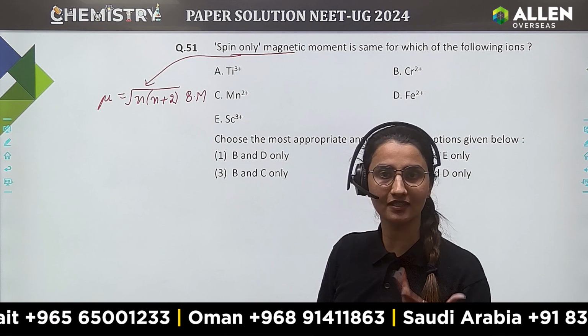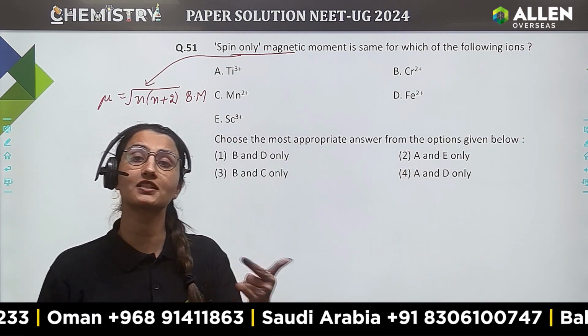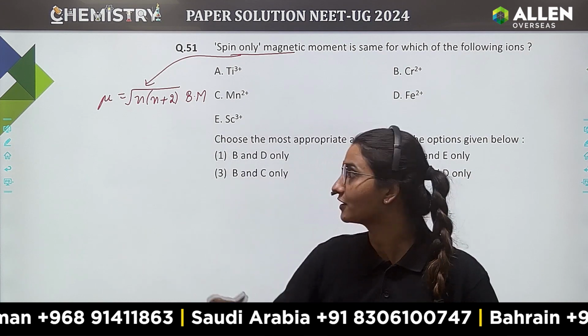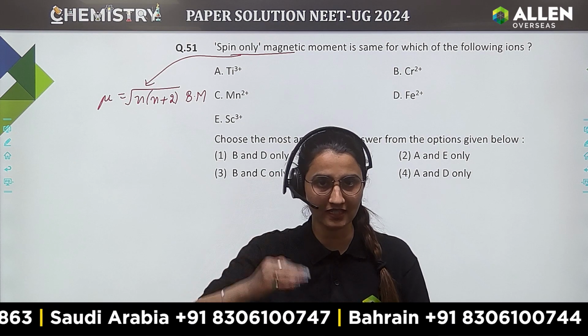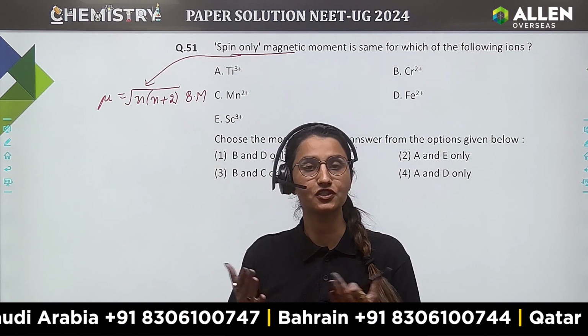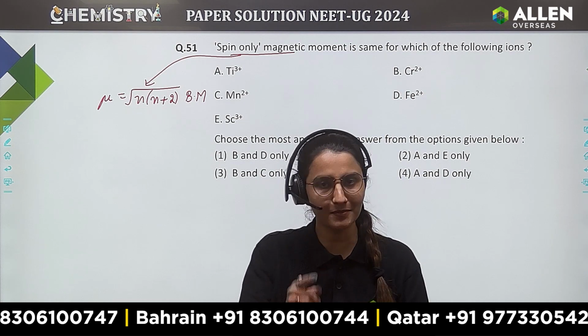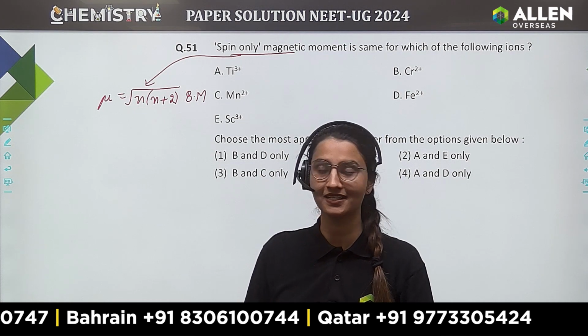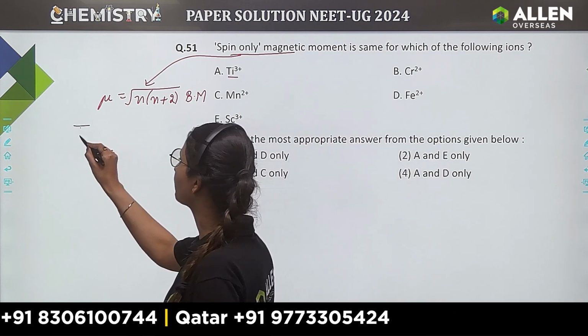So I think we understand that if the number of unpaired electrons is the same, your magnetic moment would be the same. So rather than calculating it all, we can just find out which have the same number of unpaired electrons. See, if I talk of first Ti, what is the configuration of Ti, students?